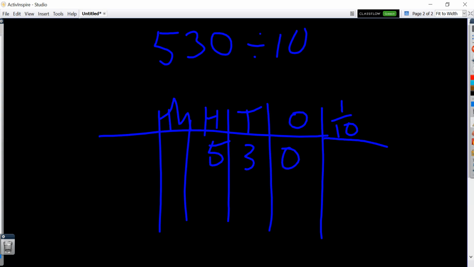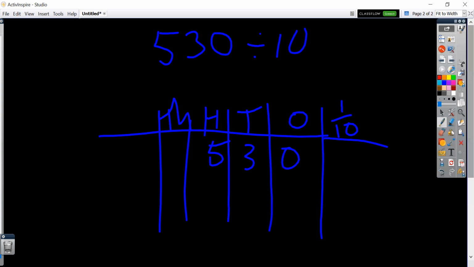Because I know when we divide by 10, we have to shift places to the right 1 because our numbers are getting smaller. And we know that we can only have 10 in each place value. So that allows us to use this place value chart like this. We can just decompose backwards on our place value chart when dividing by 10.